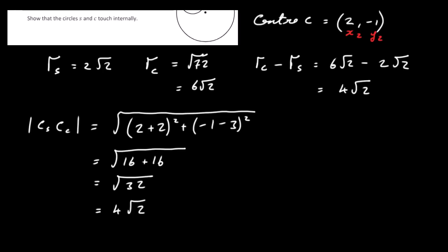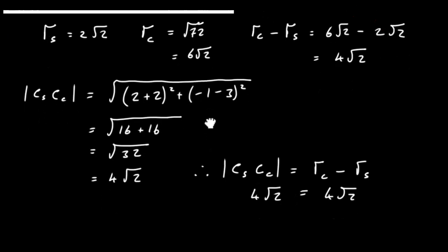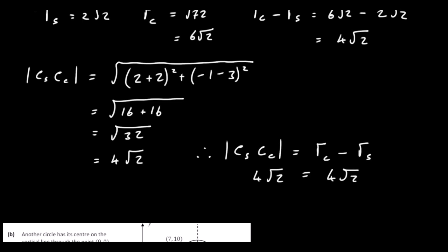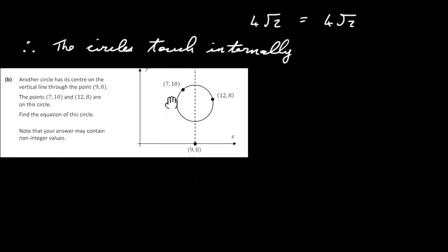So we can see then that the distance between the center of S and the center of C is equal to the radius of C minus the radius of S. So in other words, 4 root 2 is equal to 4 root 2. And just for completeness sake, we'll say, therefore, the circles touch internally.